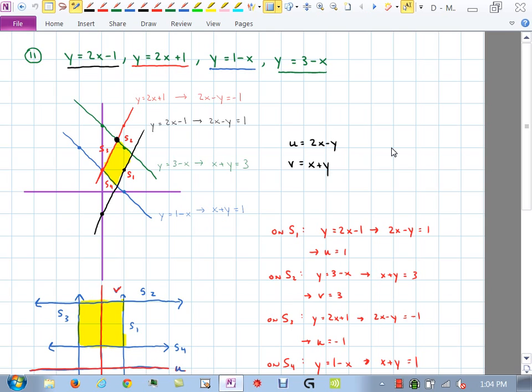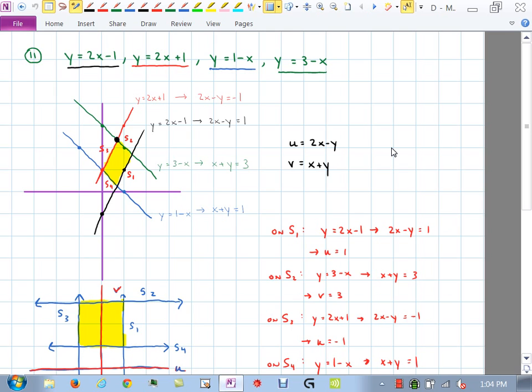I'm looking at 12.8, number 11, if you have the book. It basically tells you that you have a region that's bounded by the four curves given up here, all right? And it wants you to find a transformation, find one.